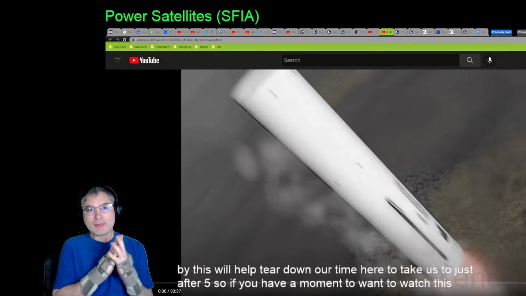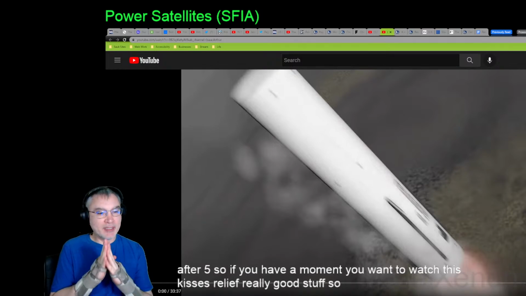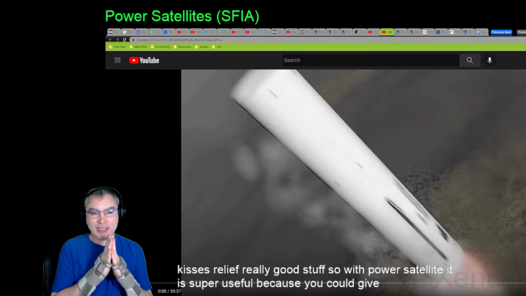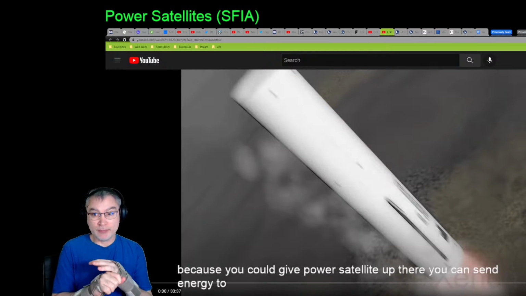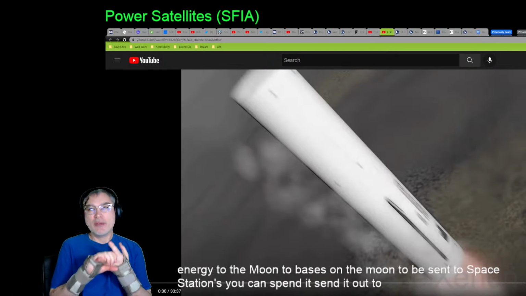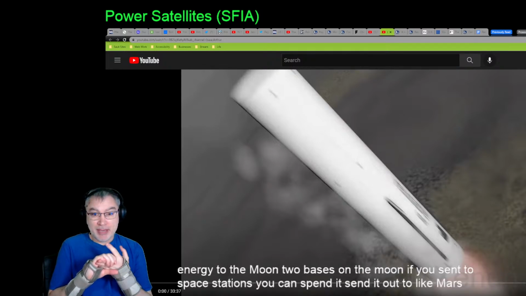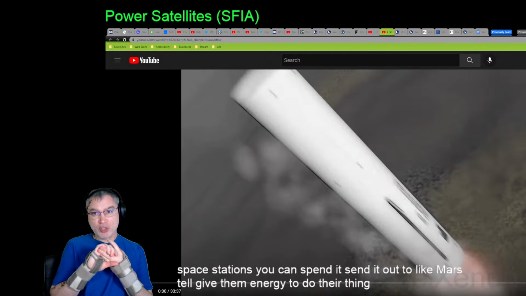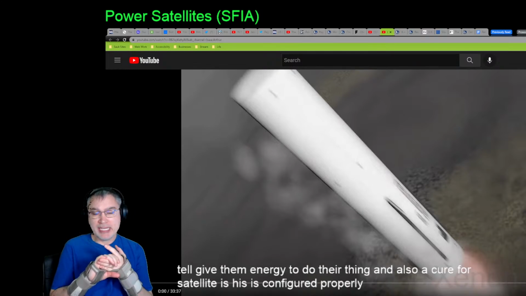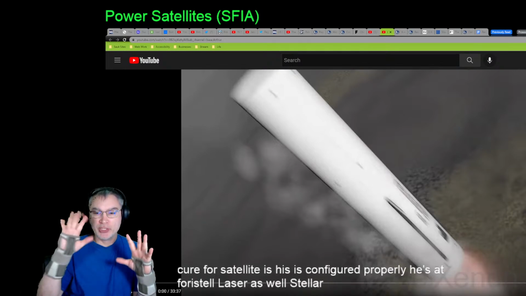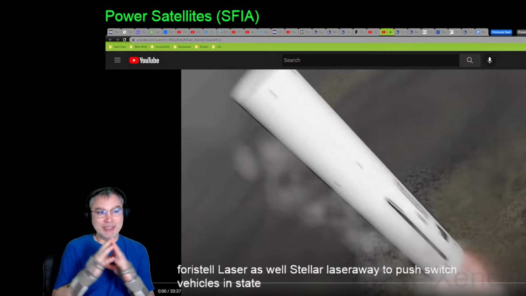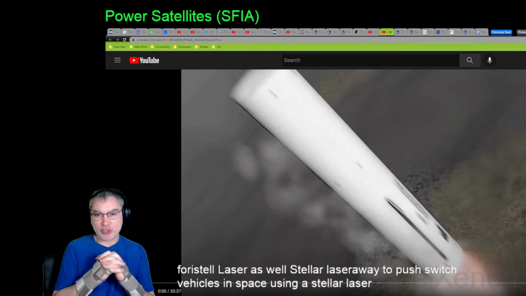So with the Power Satellite, it is super useful because if you have the Power Satellite up there, you can send energy to the moon, to bases on the moon. You can send it to space stations. You can send it out to Mars to help give them energy to do their thing. And also, if your satellite is configured properly, you can use it as a stellar laser as well, a way to push vehicles in space using a stellar laser as a part of a laser highway.